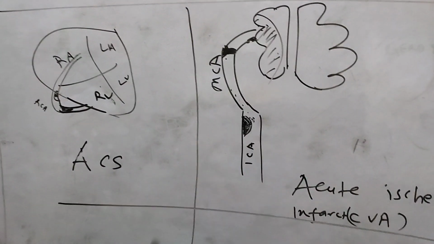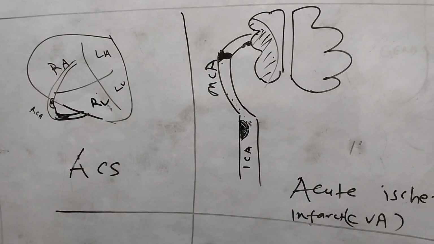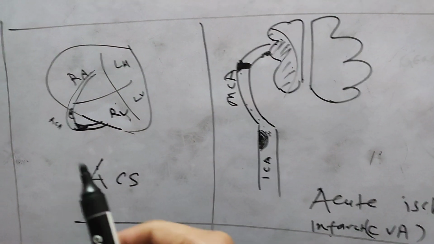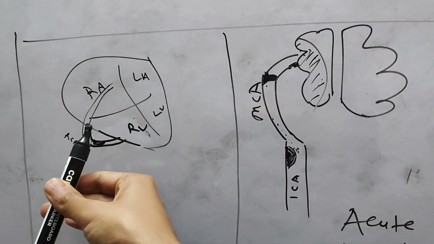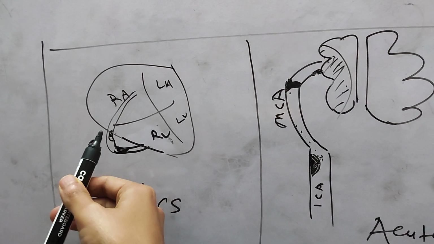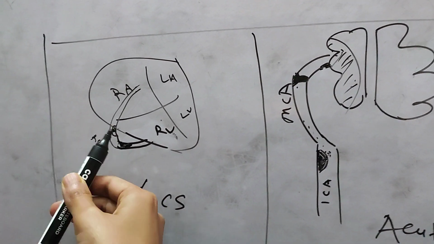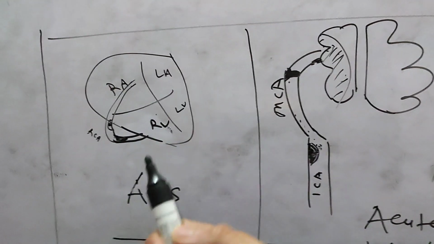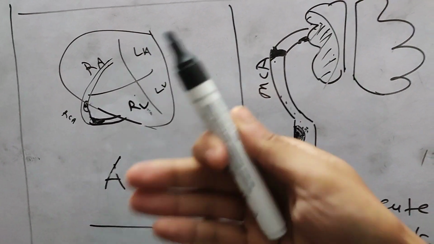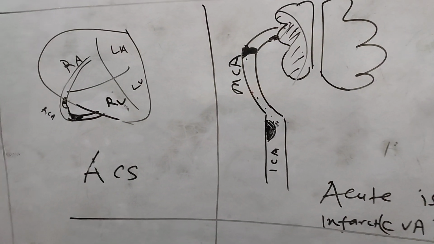So what is the pathogenesis of these infarct or tissue necrosis in both big vessel conditions? Let's suppose there is an atheromatous plaque here in the right coronary artery. When this ruptures, there is turbulence of blood flow. So when there is turbulence, what happens? Clotting cascade is activated.